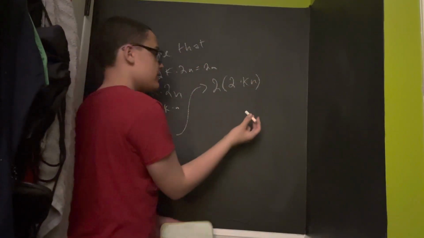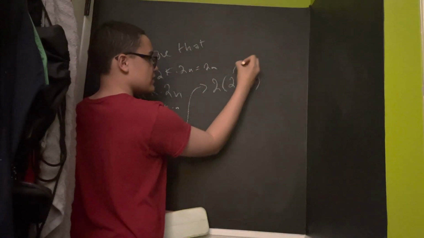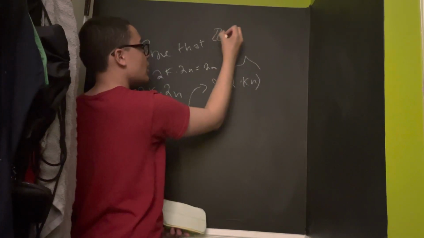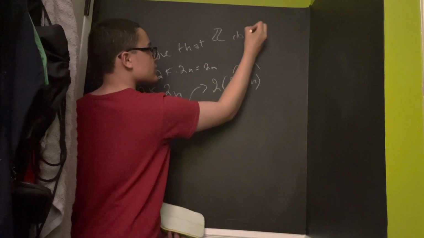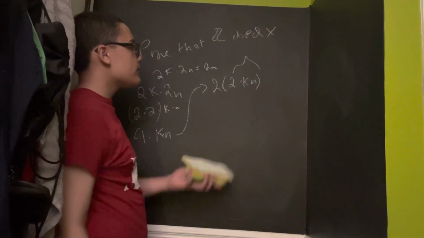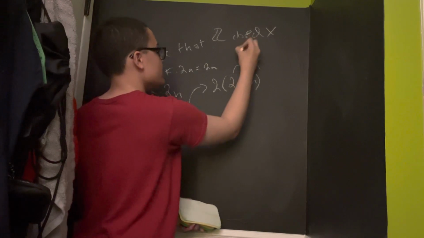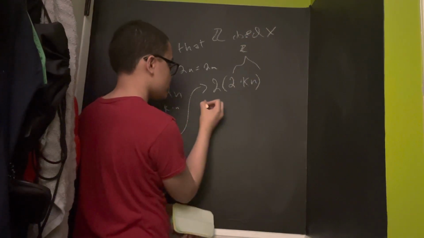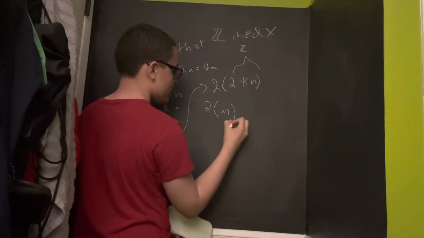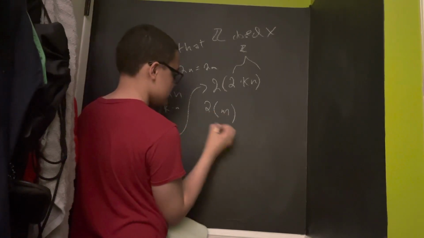And since remember, the integers are closed under multiplication, therefore, this itself will be an integer. So therefore, this is going to be 2 times an integer, call it m. And this, by definition, is even.